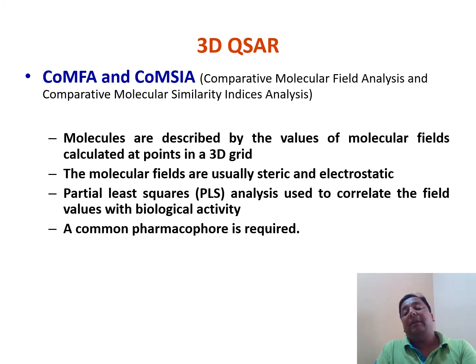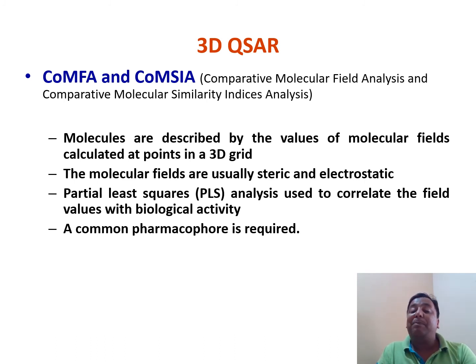So here we'll talk first about COMFA. In COMFA, it is the same thing, the atomic orientation into the receptor site, but here COMFA is described by the values of molecular fields calculated at 3D grids, and the molecular fields are usually steric and electrostatic.